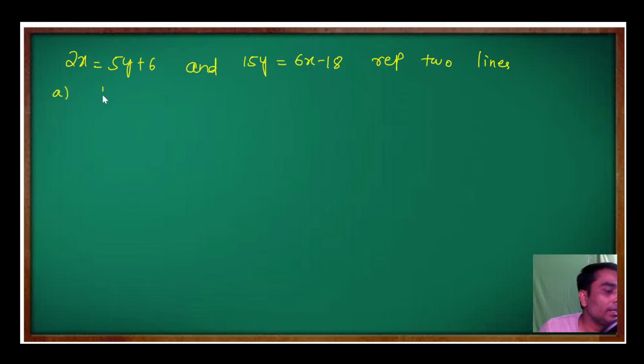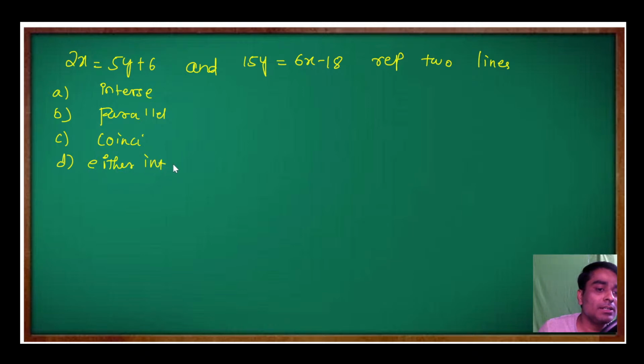Option A intersecting, option B parallel, option C coincident, and option D either intersecting or parallel. So you should use that condition.